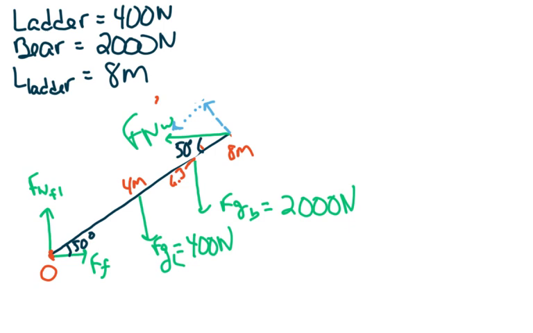If 50 degrees is down here, where is the 50 degrees then in the components? These are perpendicular, so that means this one's 40, which puts the 50 up here. So my normal force from the wall, that vertical component, is the normal force times the sine of the angle.